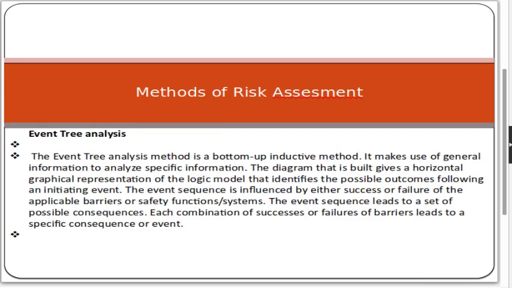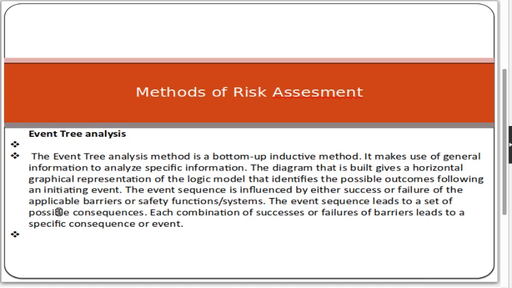Then event tree analysis. Friend, event tree analysis is another approach which normally we use as a method of risk assessment. The method says that the event tree analysis method is a bottom up inductive method. It makes use of general information to analyze specific information.